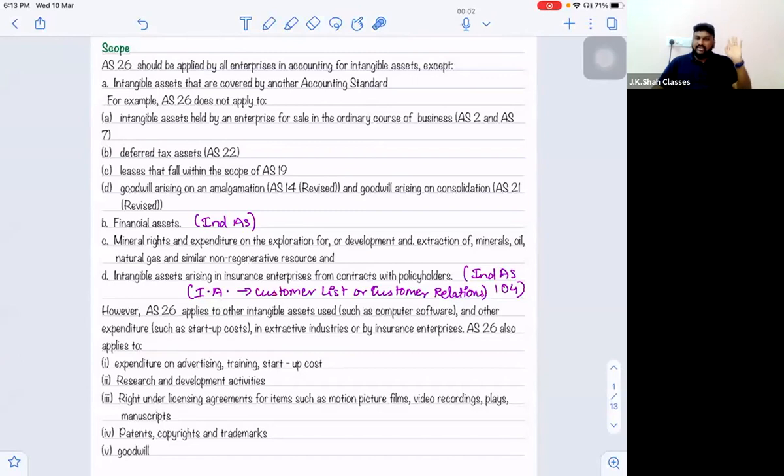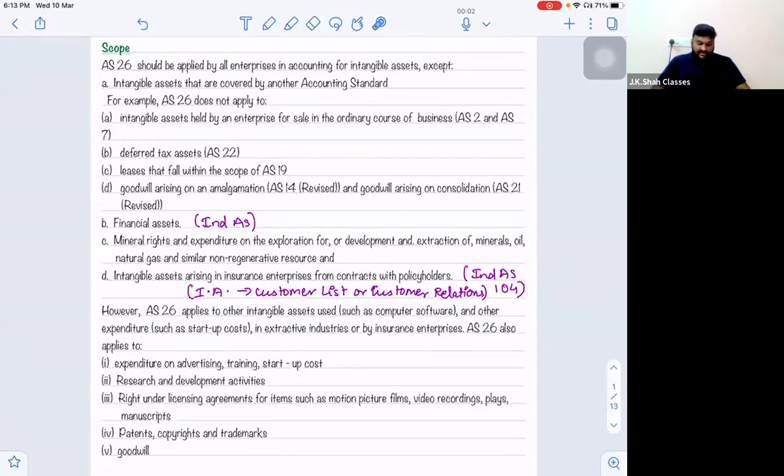AS10 is also not speaking. AS26 is also silent. So they are accounted as per the standard market practice, record at the value at which you are purchasing it, and amortize over the term of such contracts. Means if you have got the contract for 10 years or 15 years, write off whatever you have paid over a period of 10 or 15 years through the profit and loss account.